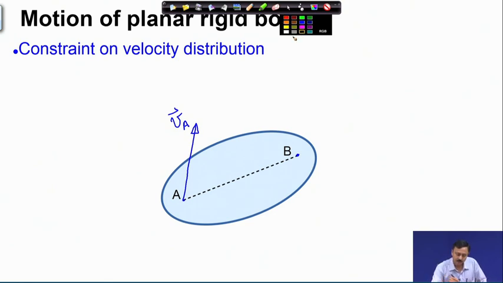If I drop a perpendicular onto this line AB, which means I am projecting VA along AB, I get this projection vector. This red vector is the projection of VA along AB.